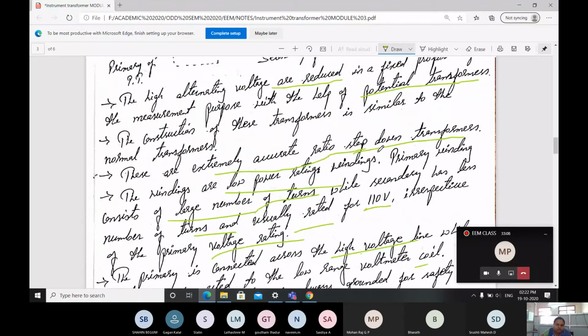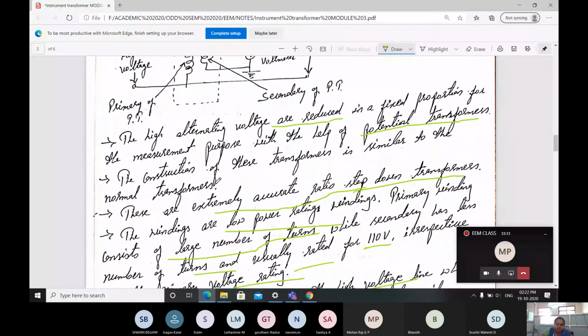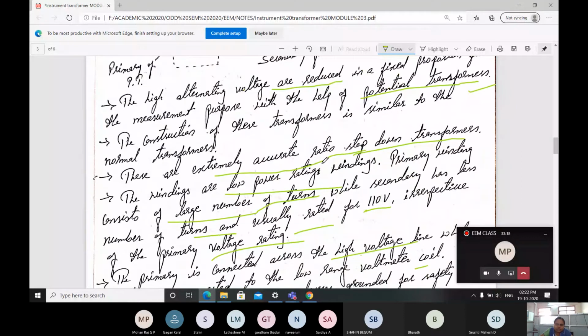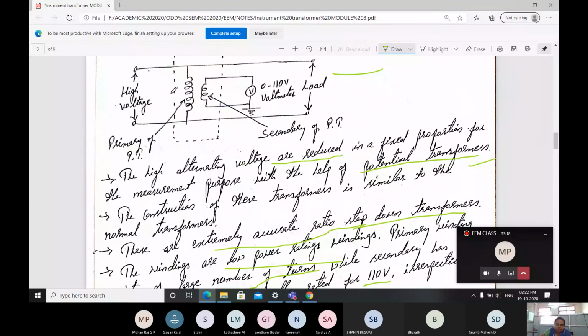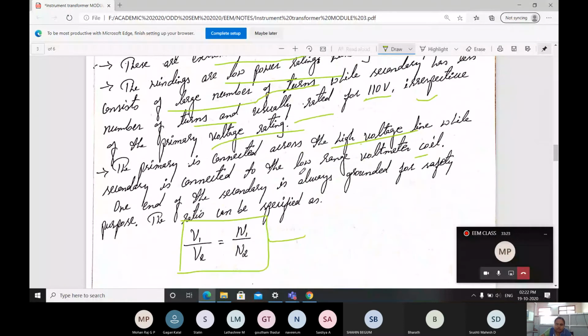Okay. Here, just do the construction. You have to write the purpose of going for PT. Then you have to explain what it is consisting of in terms of winding.